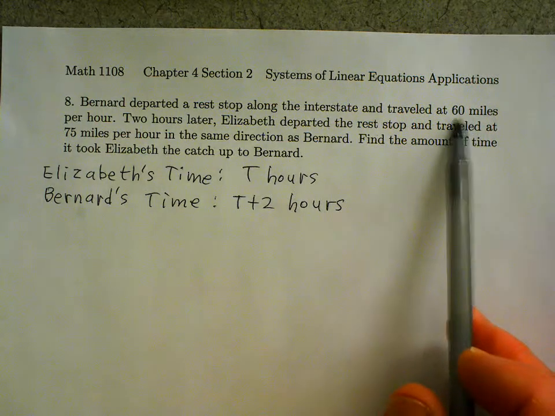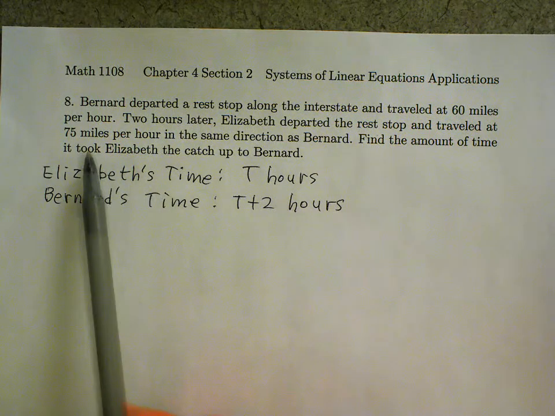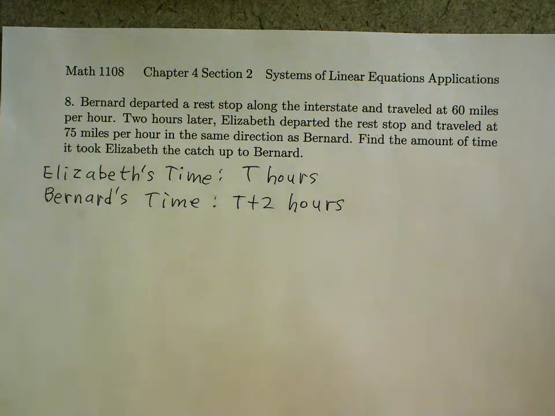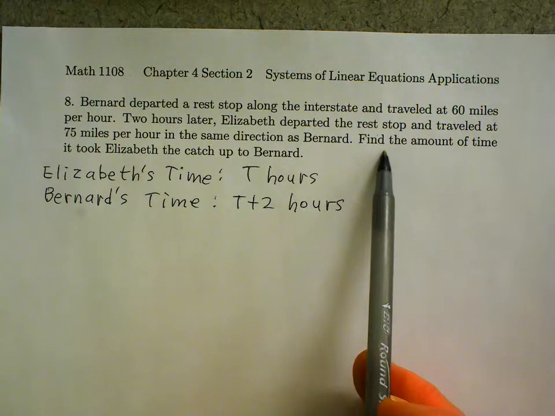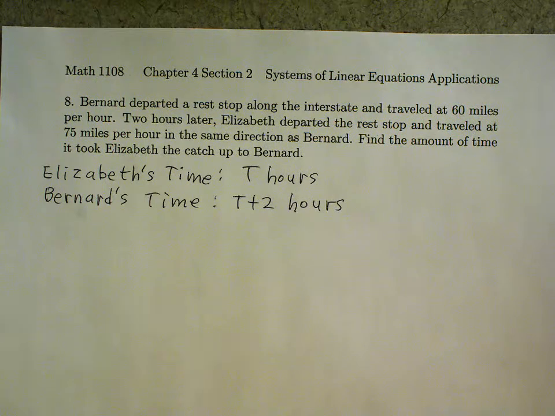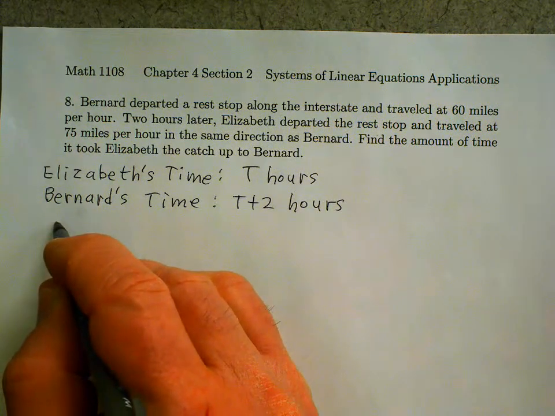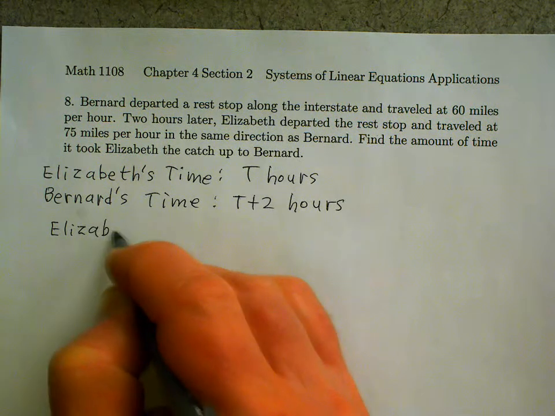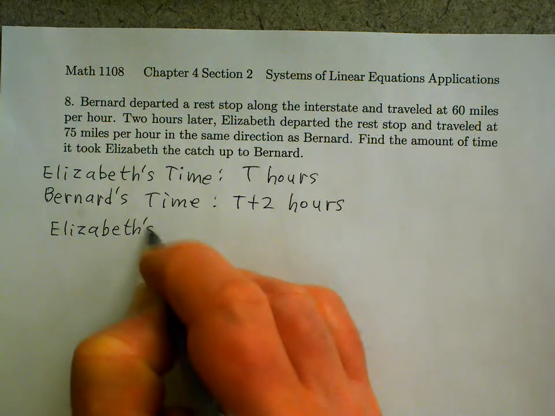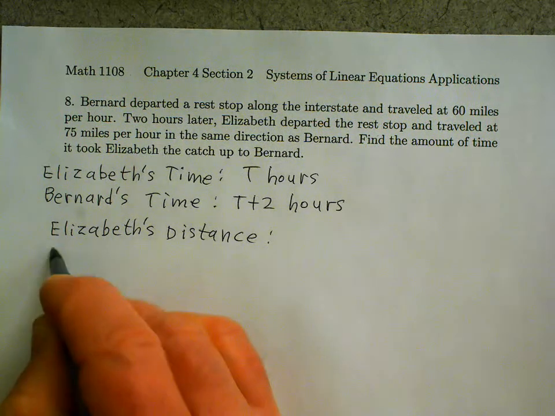Bernard's rate is 60 miles per hour, and Elizabeth's rate is 75 miles per hour. But by the time Elizabeth catches up to Bernard, their distances are the same. So we can write expressions for Elizabeth's distance. And also Bernard's distance.